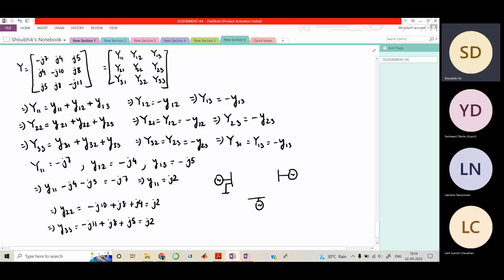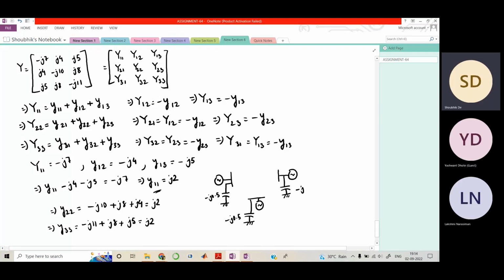Since there is a minus, and for every bus there is a shunt element, we can draw something like this, which is having a value of minus j 0.5. So this is the per unit impedance, mind you, and what we are writing here is the per unit admittance. So while drawing the bus diagram, we have to use impedance only, and then we can draw the impedance between each and every network.